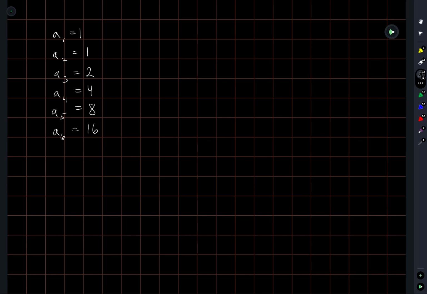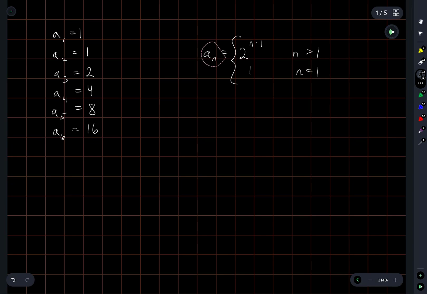I mean, this needs to be proved, right? I'm just stating this after writing the first 6 terms of the sequence, but it's pretty clear that this pattern is going to continue.